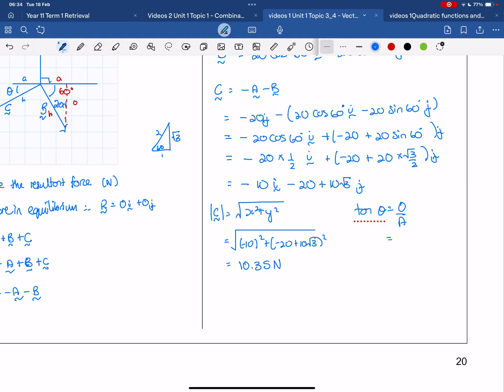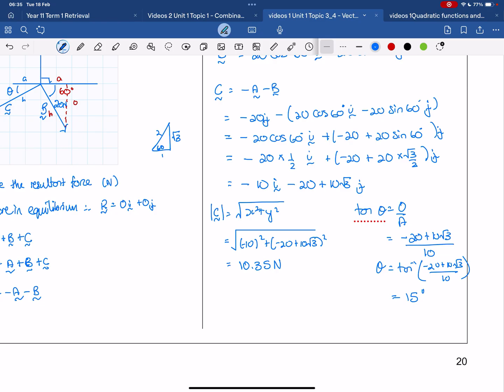We want to ignore our signs. So it's still negative 20 plus 10 root 3 over 10, and that means that theta is inverse tan of that value, and that's going to be 15 degrees.